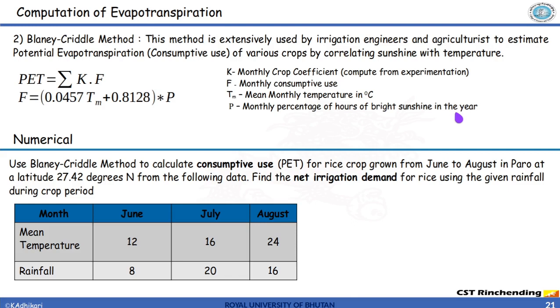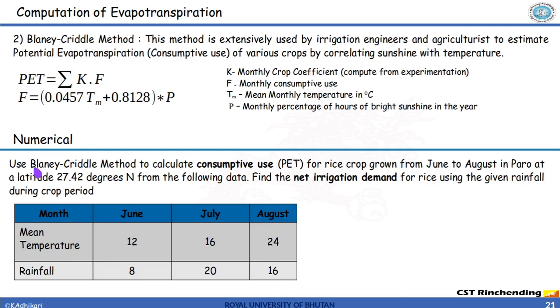So this method is relatively easy compared to the Penman method, because it is an empirical equation first of all, and it has very few parameters compared to the Penman equation. With this, let's solve a numerical.